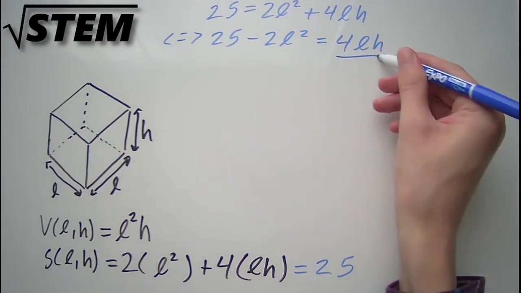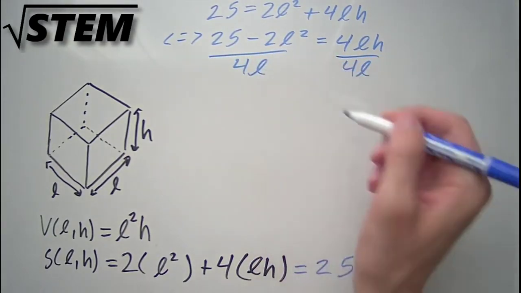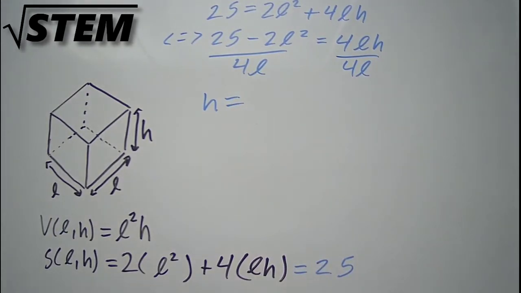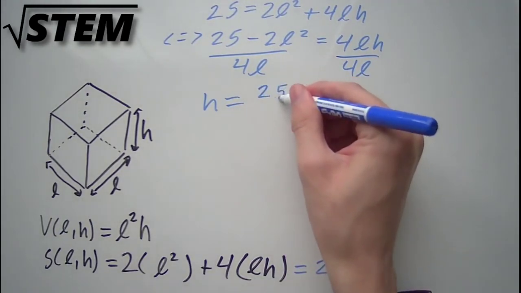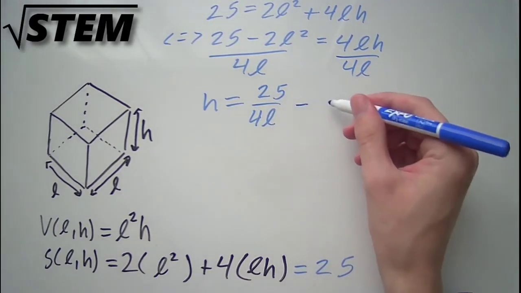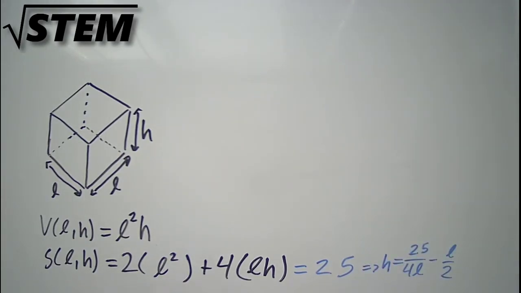And then divide both sides of the equation by 4L to get that H equals 25 over 4L minus L over 2.